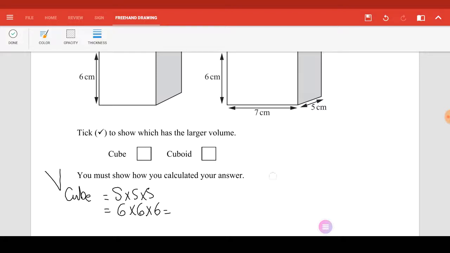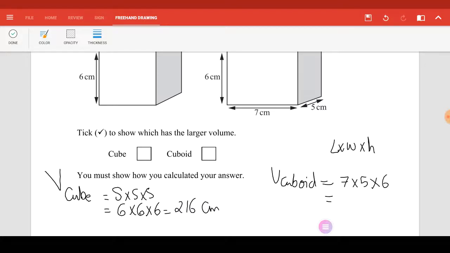And the volume of the cuboid equals the length multiplied by the width multiplied by the height. So we have 7 multiplied by 5. You don't have to put them in order. So this is 6 power 3 equals 216 centimeters.